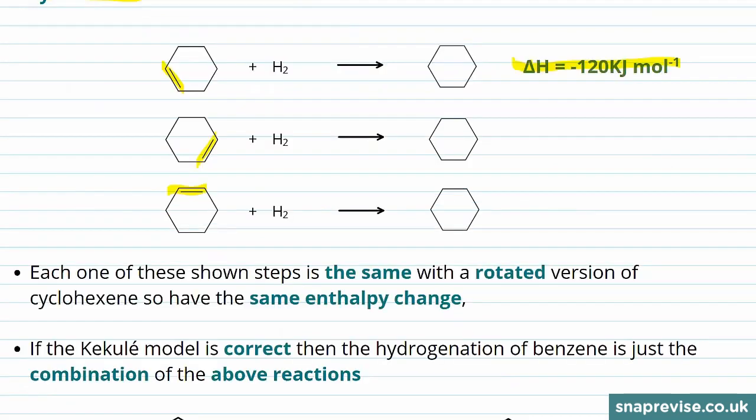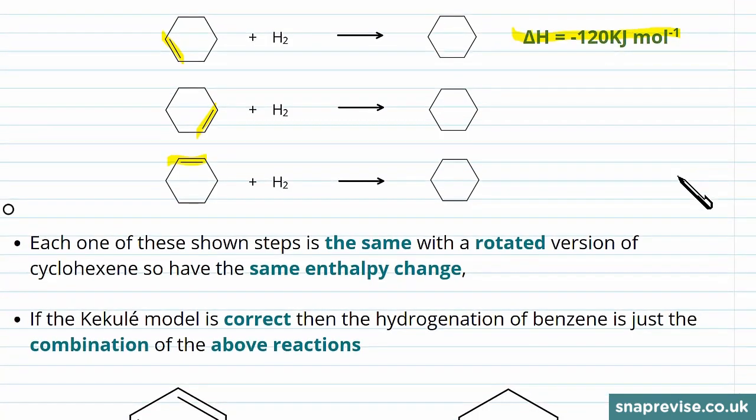Now, if the Kekulé model is correct, we could just combine each of these three steps shown here, where we hydrogenate this double bond, and this double bond, and that should be the same, energy speaking, as hydrogenating all of the three double bonds in benzene.